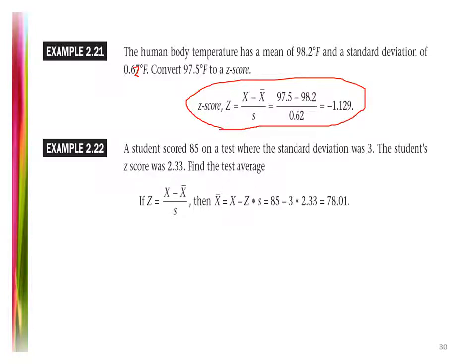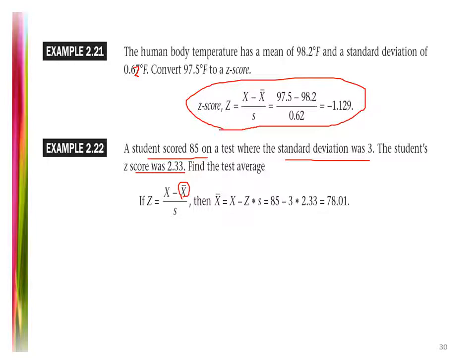And conversely, you can also apply this equation. Suppose you know the z-score value, you can identify the other terms. A student scores 85 on the test, where the standard deviation is 3, and the z-score for 85 was 2.33. Find the test average. So in this case, we have to calculate the x bar value.